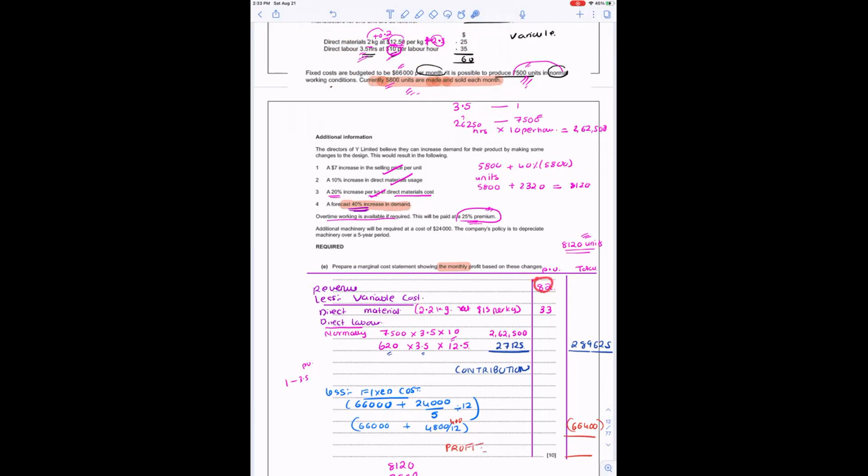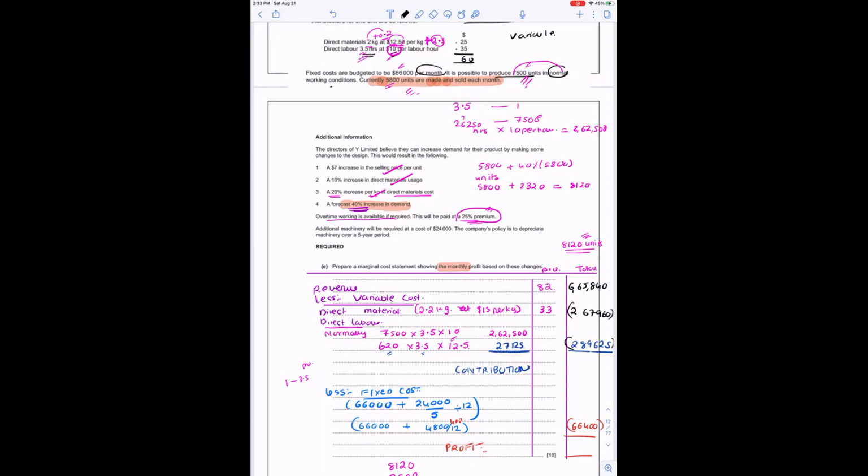Now just multiply your revenue with the new increased number of units that you expect and your direct material cost. 82 into 8120 is giving me 6,65,840. Direct material 33 into 8120 units is 2,67,916.